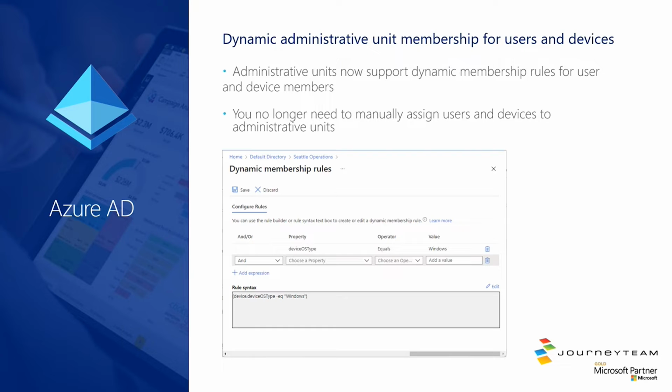So now, instead of giving somebody a user administrator role and they can administer any user in the tenant, you can scope that Azure AD role, which has been there for years and years, right? You can scope that Azure AD role to specifically the objects in an administrative unit.